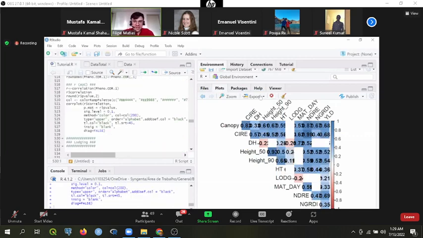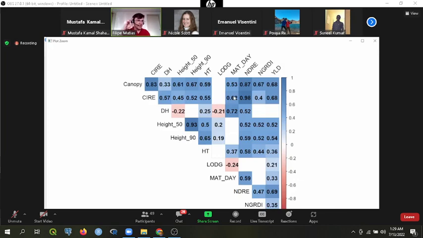And this is the correlation using the AUC, so the information during the whole cycle. For example, when we use the information from the whole cycle to evaluate height, we increase to 65% correlation in this specific case.